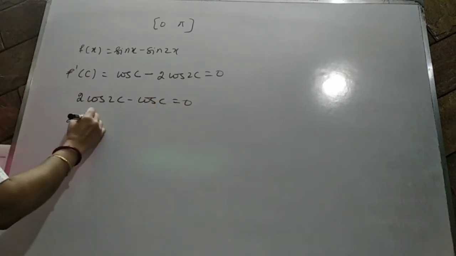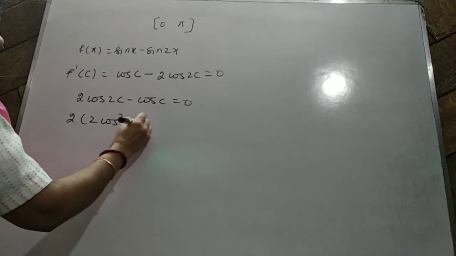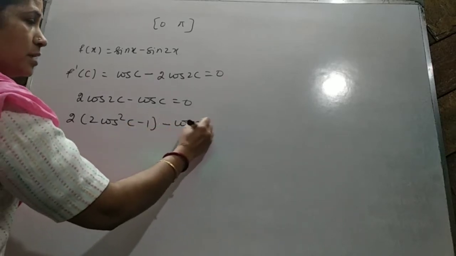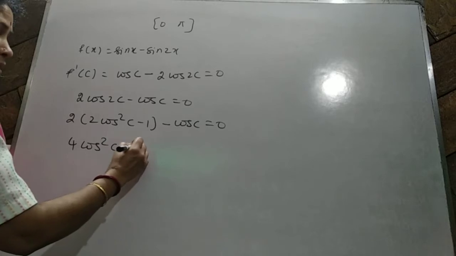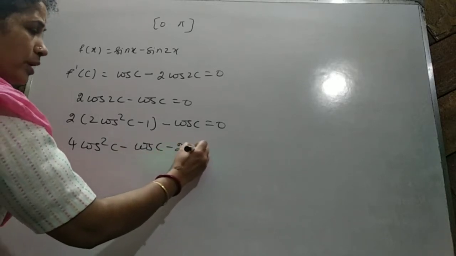Then you make it a quadratic equation. That is 2 cos square c minus 1 minus cos c equal to 0. Otherwise, we will get 4 cos square c minus cos c minus 2 equal to 0.